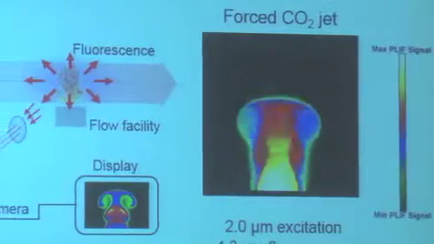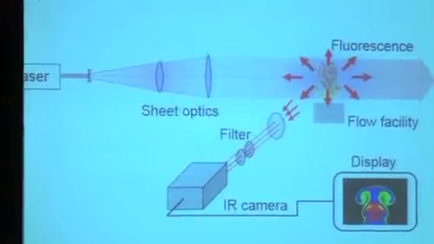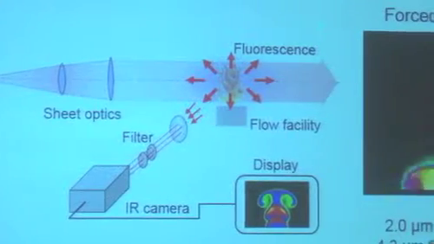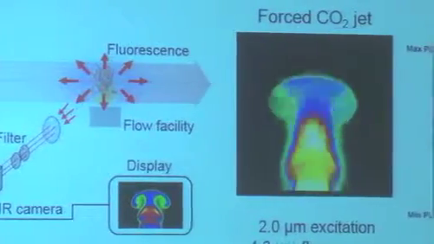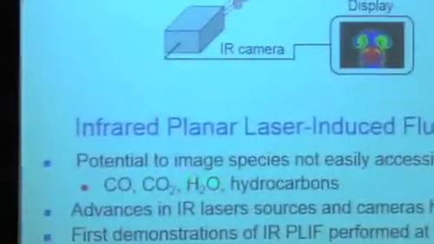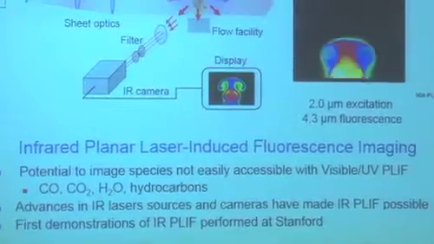It's isothermal, isobaric. That's good. But pretty amazing. It's pretty hard to do PLIF on CO2. So this, by using an infrared camera, infrared laser, understanding the quenching rate, there's the potential to use this to do infrared active species that are not accessible by conventional UV-based PLIF.